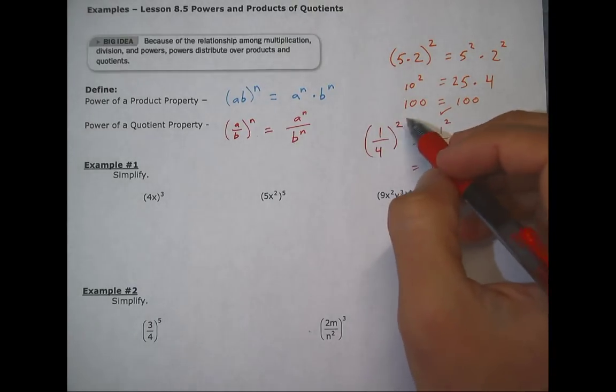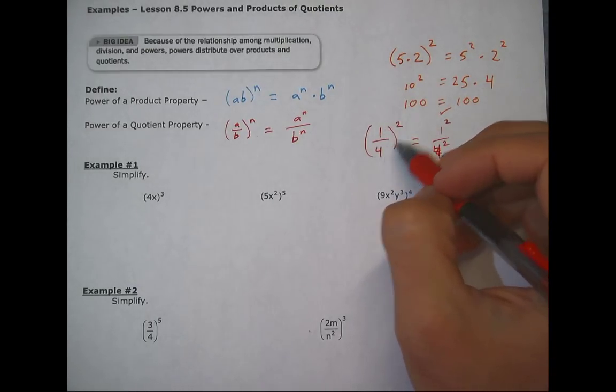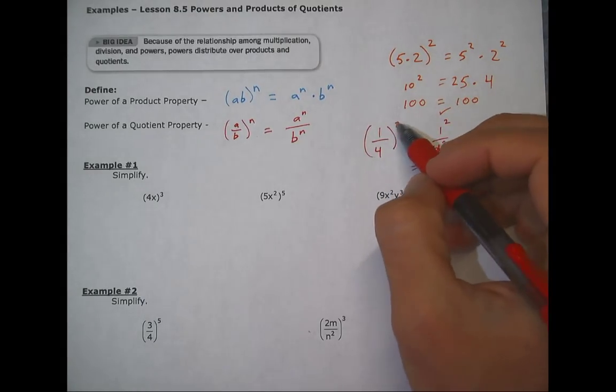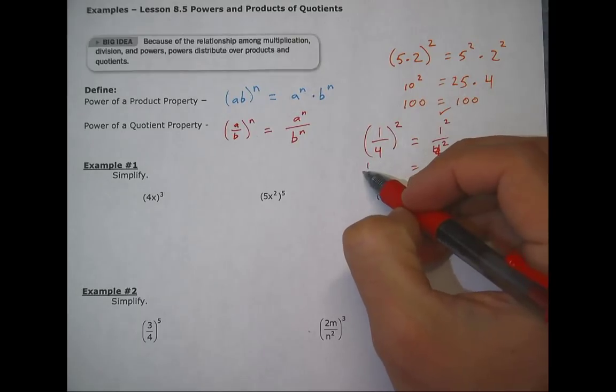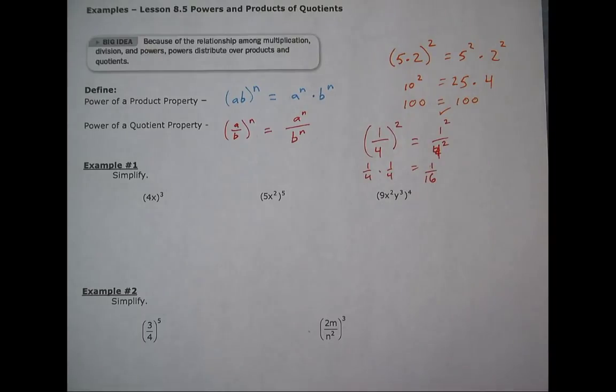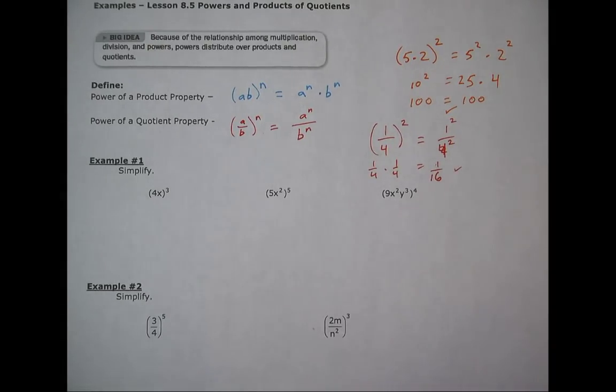Remember what this actually means, 1 divided by 4 raised to the second power. Now if I divide this, I'm going to get a decimal. But anything squared means times by itself. So this is 1/4 times 1/4, which does equal 1/16. So you can see that this is going to work. All right, so those are the power of a product property and the power of a quotient property.